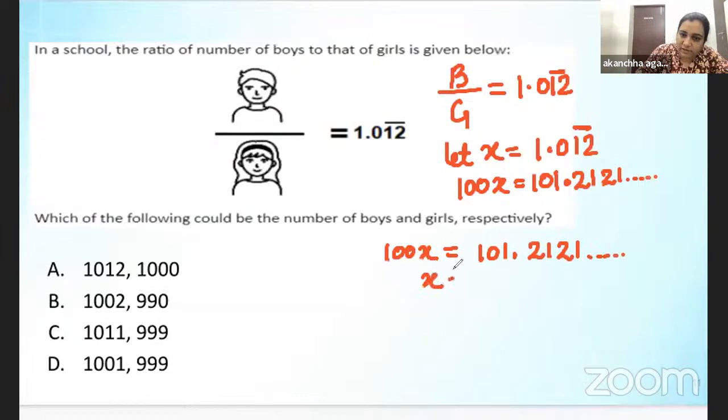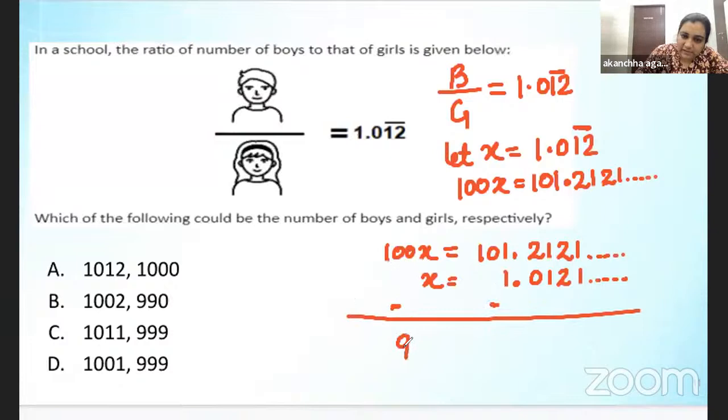And if I write the value of x, decimal below decimal, 1.012, and again we'll have 1, 2, 1, 2 and so on. If I take the difference of these two, I'll get 99x. 100x minus 1x is 99x. And on this side, after these 1 and 1, everything will cancel.